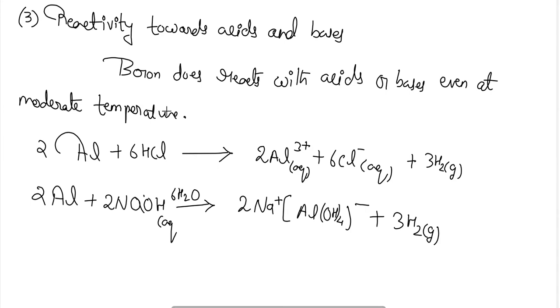However, concentrated nitric acid makes aluminium passive by forming a protective layer of oxide, and it does not react further with the nitric acid. Okay, so the exception is that aluminium will not react readily with nitric acid. Some heating or catalyzation will be required.